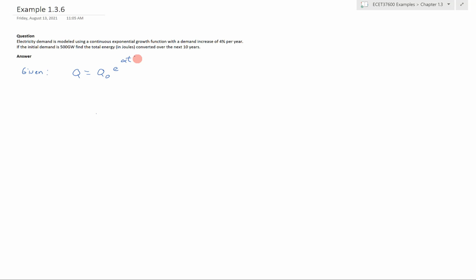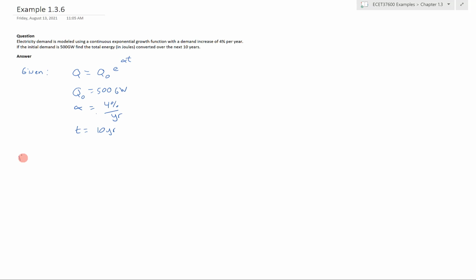We were told that the Q0 term is 500 gigawatts, not giga, but gigawatts, if you're a Back to the Future fan. Alpha, the growth rate, we were given as 4% per year, and the time span T was 10 years.